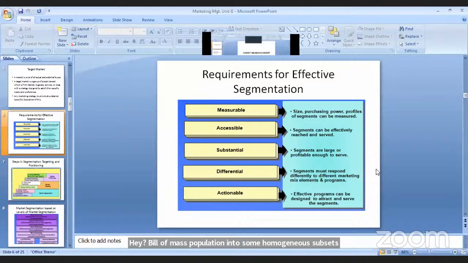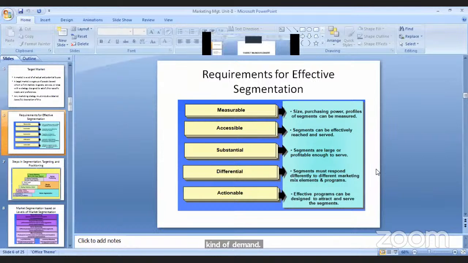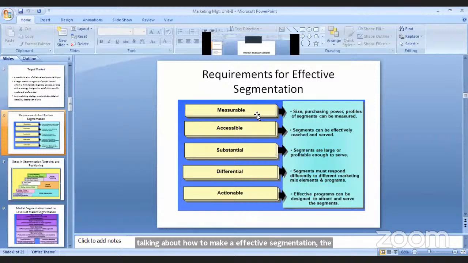Now, what do you understand by homogeneous subset? Homogeneous subset means a group of people having a similar kind of need, or similar kind of want, or similar kind of demand. They are the homogeneous subset.